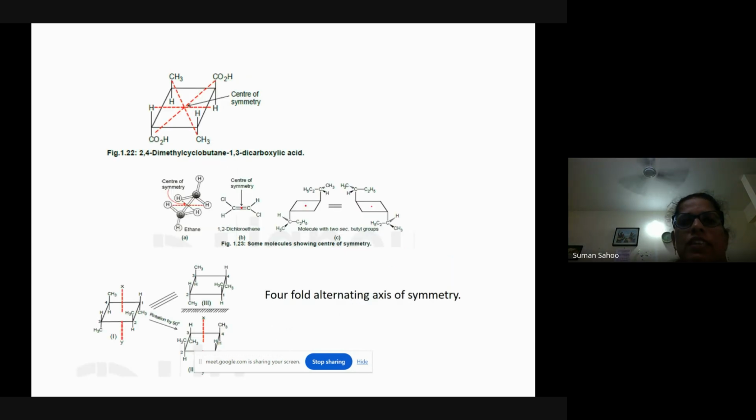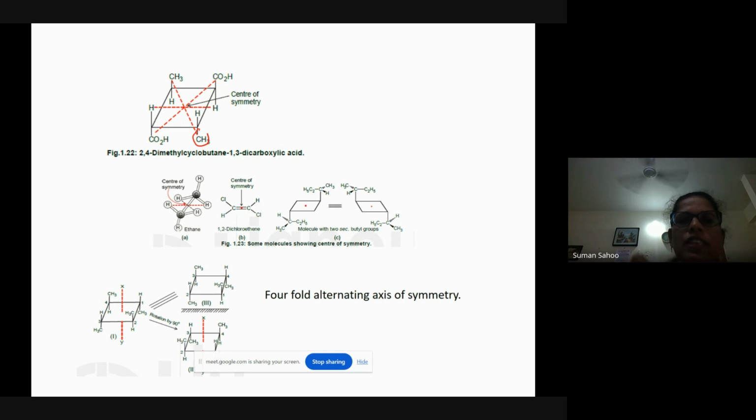Again, you have a center of symmetry also present in some molecules. So what is center of symmetry? Suppose you start from this CH3 group and you are passing through a point, and you experience the same distance when you go to the other side, where just opposite there is another CH3 group. So you are going through this center, and the distance is the same, and you are reaching a group which is the same as that.